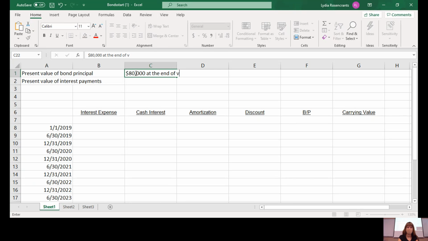So the principal, they're getting $80,000 from WebWorks at the end of 5 years. Interest, they're getting $2,000 every 6 months. And if you don't know where that $2,000 is coming from, just give me a second and we'll talk about it. $2,000 every 6 months for the next 5 years.